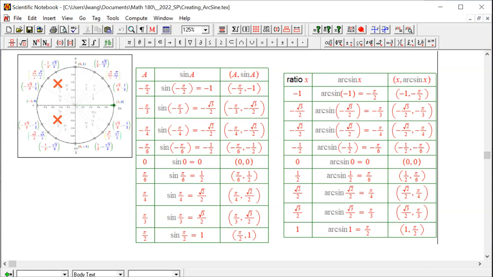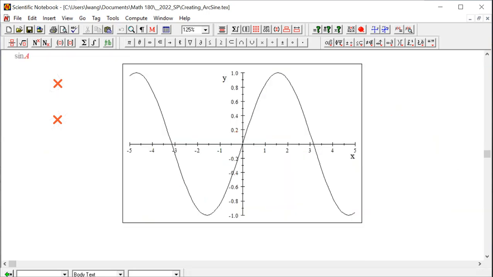So now let's plot the points, okay? For the sine function, we're going to graph it. We're going to clean up the previous one.